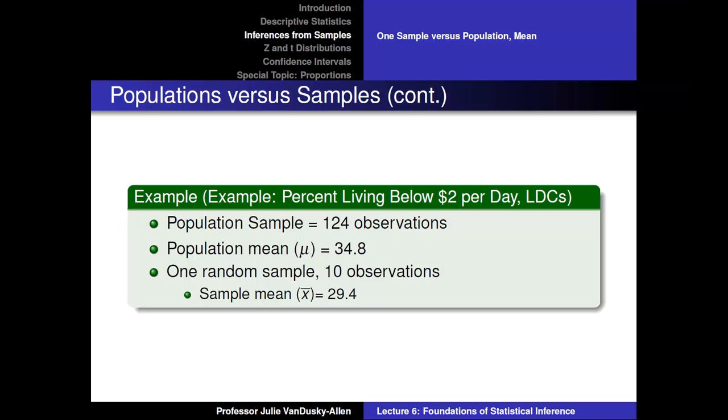Now imagine that instead of collecting data on all cases, I took a random sample of 10 countries. The sample mean, denoted by X bar, was 29.4. Based on this data, I would conclude that 29.4% of people in less developed countries live below $2 a day. Clearly, this value is not reflective of the true population mean of 34.8. So our sample estimate has some error.